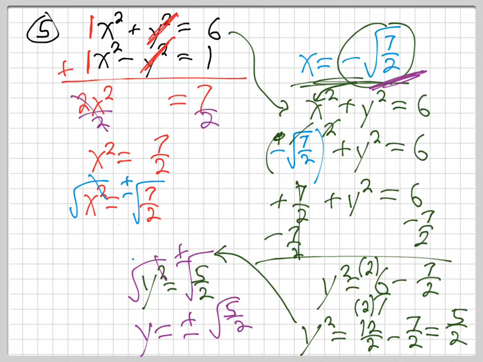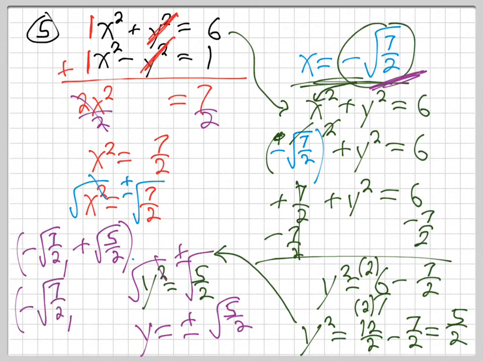So in other words, the answer x negative root 7 halves led to the positive root 5 halves for y, and then that same x led to the negative root 5. We have these two answers so far, and we're going to get two more.